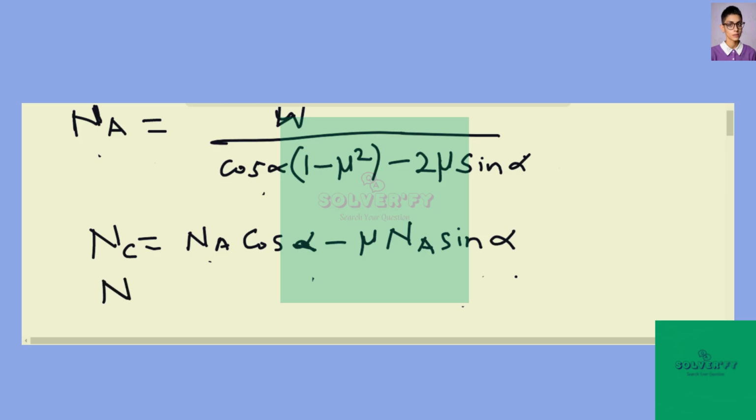So NC is going to give us equal to W. So plug in W where NA should be. In fact, make NA the subject of the formula there.